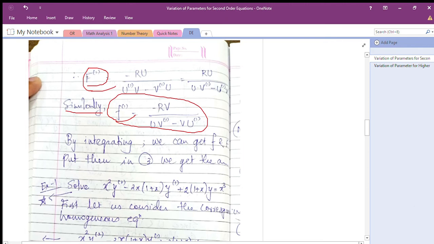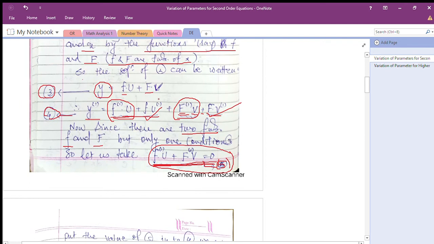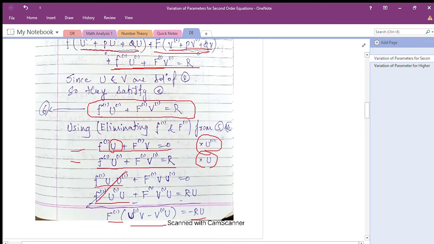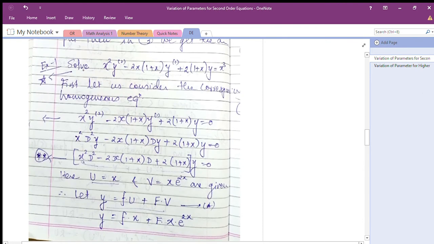You will get the values of small f and capital F. Then what you need to do is just put that values of small f and capital F into equation number 3. That is your y. That is your solution. Okay, so this is the procedure to solve the differential equations using the variation of parameters method. Now let us take one example.